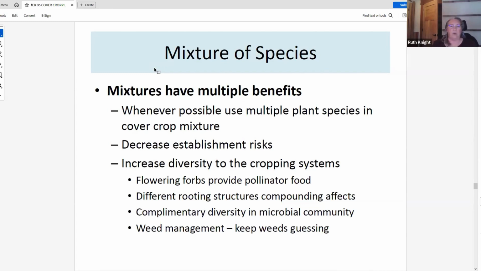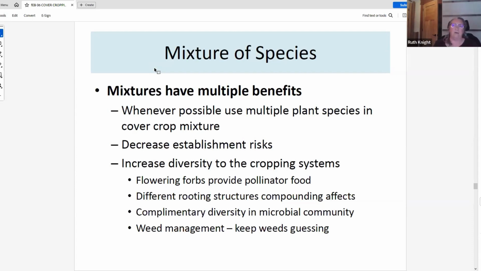The different rooting structures have compounding effects in terms of the physical structure of your soil, but also the diversity that is going to happen in your microbial community, because different plants are enjoyed by different microbes, and it keeps that community working for you, creating different functional microbial groups that are going to either fix nitrogen or solubilize phosphorus, or protect the plants.